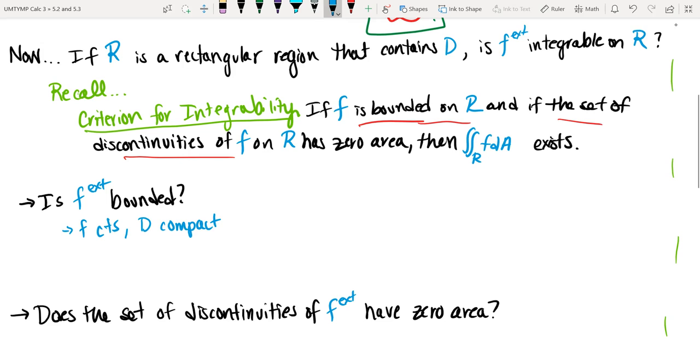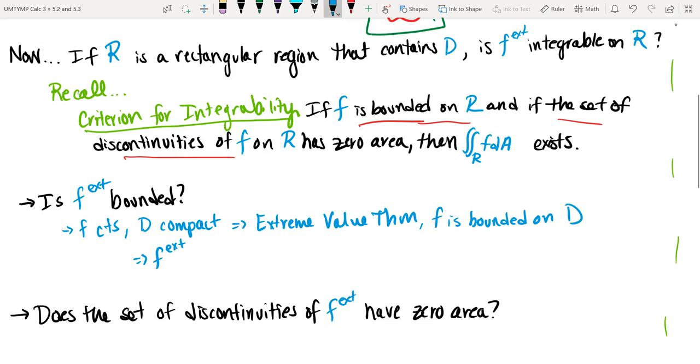And then these two things give us, by the extreme value theorem, that f is bounded on D. Since f is bounded and the extension function is just f or 0, this implies that f extension is bounded.